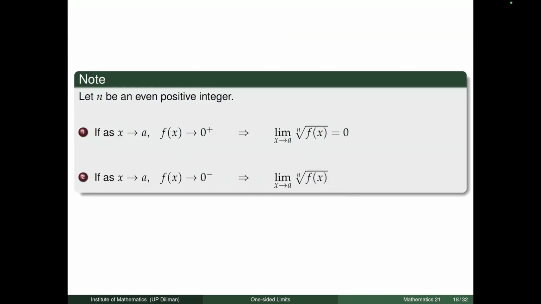On the other hand, if f of x approaches 0 through negative values, so yung nasa loob ng radical natin will be negative values going to 0. The nth root of that, n being even, will be undefined. Okay? So the limit does not exist. So papunta siya sa 0, pero through negative values, hindi pwede yun. So, does not exist yung limit natin.